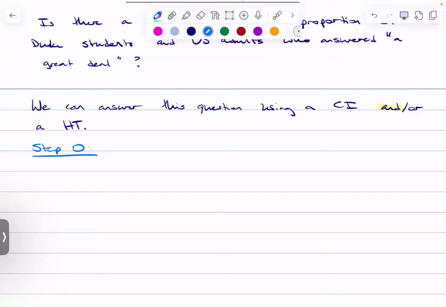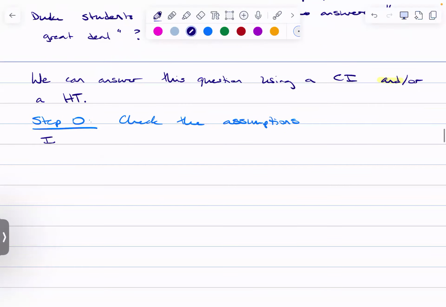I'll call it step 0. Check the assumptions. We need to check the independence condition with that new one, right? That the groups have to be independent of each other.